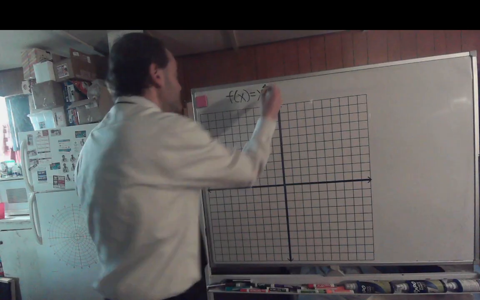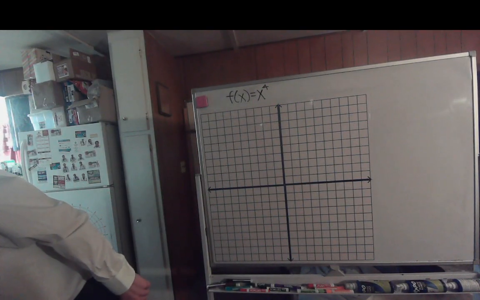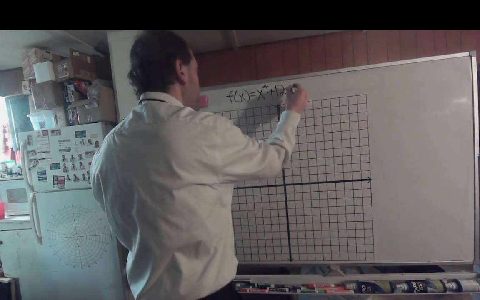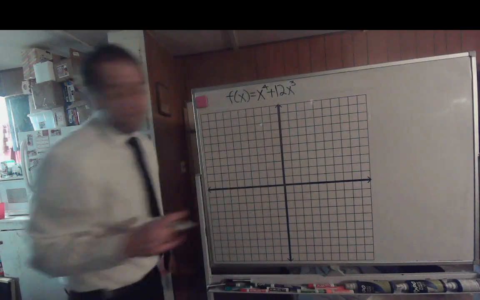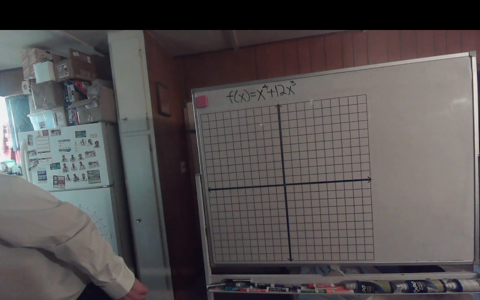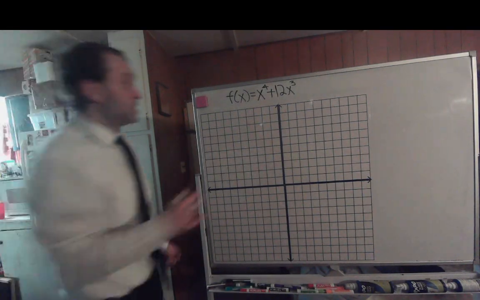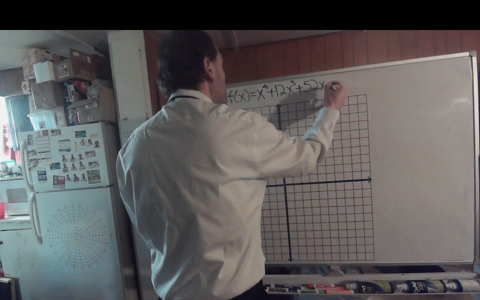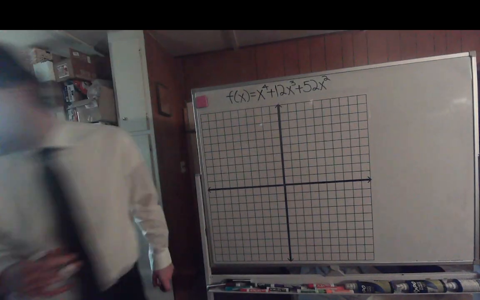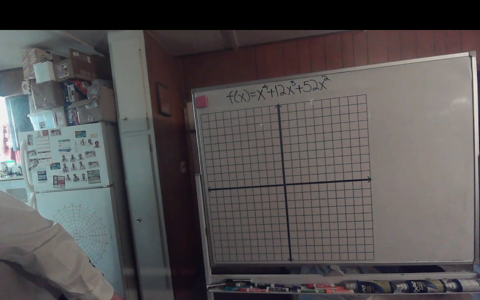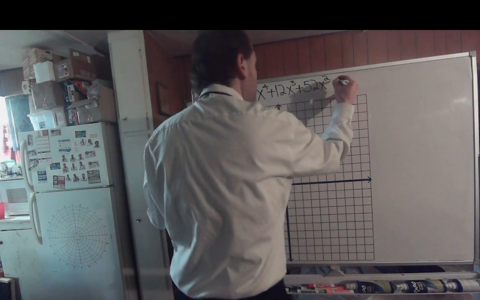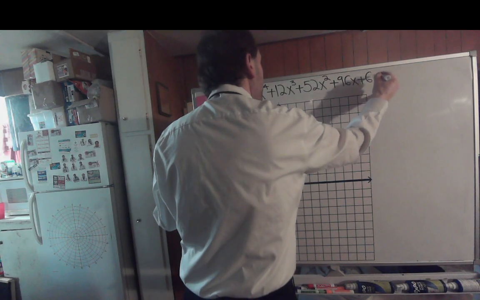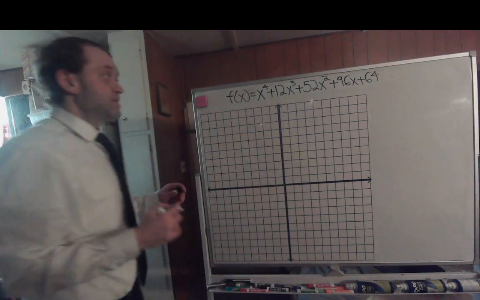F of x equals x to the 4th plus 12x to the 3rd plus 52x squared plus 96x plus 64. That one looks like a doozy, doesn't it?